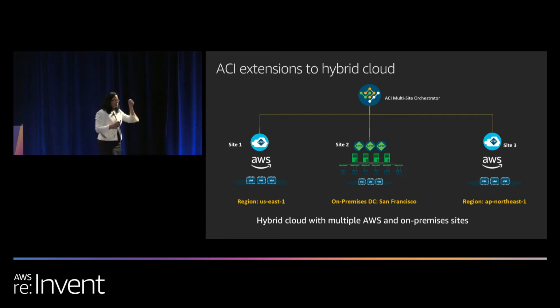So you go and configure your policies saying that these are the sets of classification for my group, these are the communication patterns for my group, and the Multisite Orchestrator will render those policies. It will actually push those policies to whichever site you are asking it to push it to. So it can be an on-prem site or it can be a cloud site.